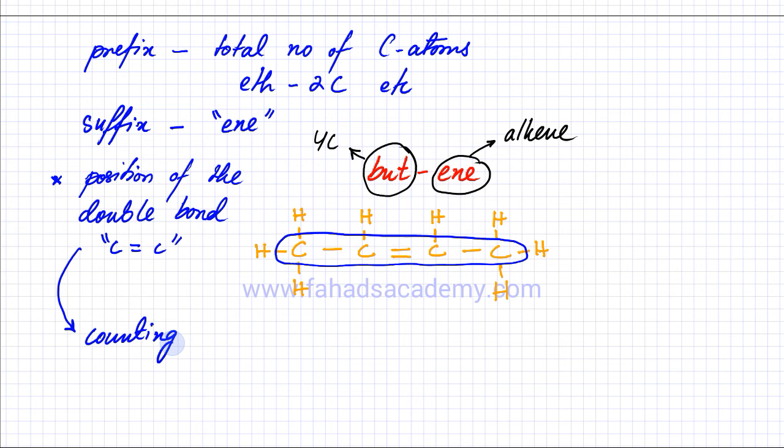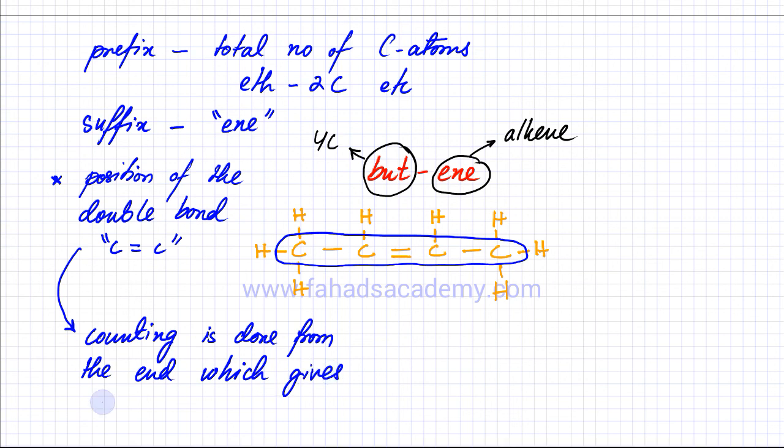There's no rule in counting, but that end is picked where you get a smaller number. The position is smaller. So counting is done from the end which gives a smaller number. So in this case, if I start counting from this side, then this is 1.